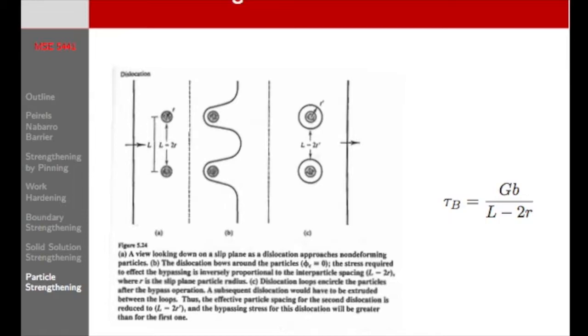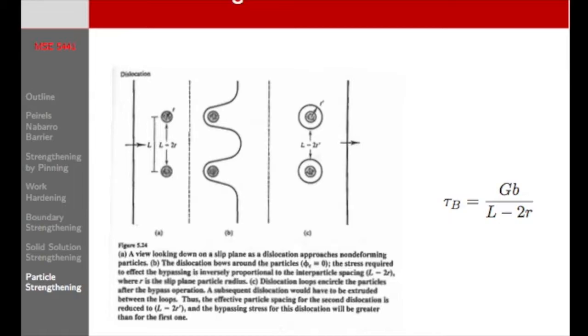A dislocation comes up to these particles. It can't cut through them. They're too big. The interface energy is too much. So what's going to happen? Well, there's space here. The dislocation can still move forward between them. It's going to bow around.